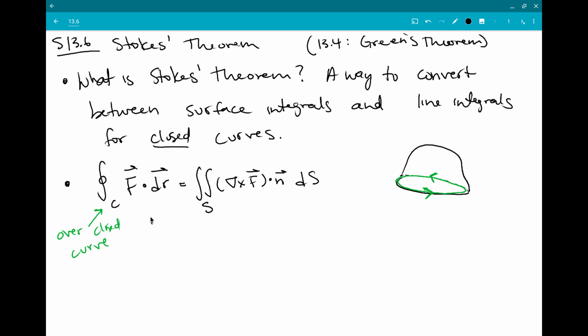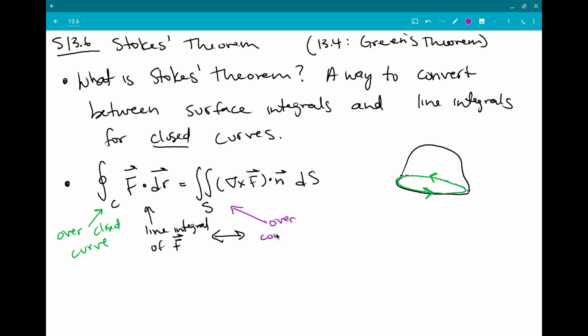Imagine that over that closed curve, somebody asked you to compute the line integral of F. What we're learning is that you can convert that request into an integral over the corresponding surface. By corresponding surface, I mean a surface that uses this closed curve as its boundary.